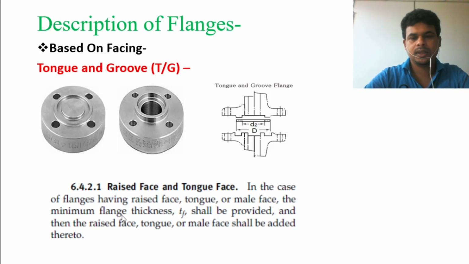In this snapshot, in the case of flanges having a raised face, tongue or male face, the minimum flange thickness tf shall be provided, and then the raised face, tongue or male face shall be added to it. That means this tf will be the same. This tf you cannot make less. Whatever they use, tongue or groove, should be additional to the actual thickness.